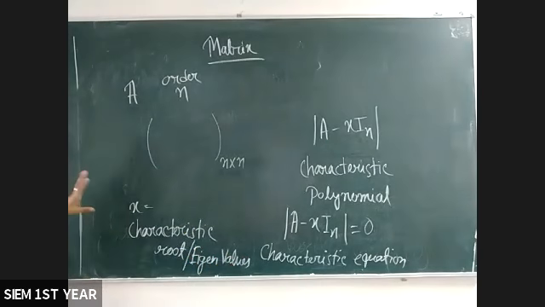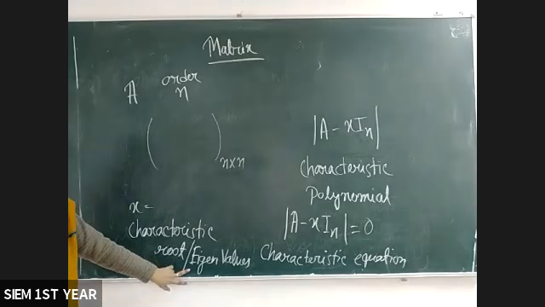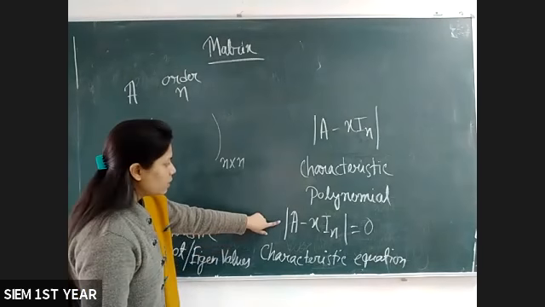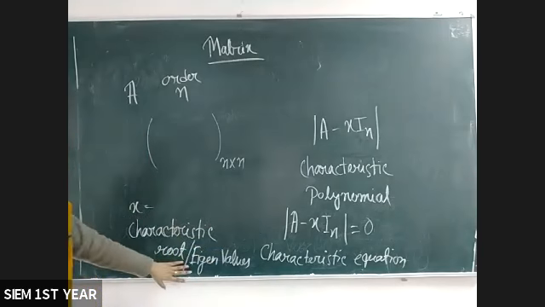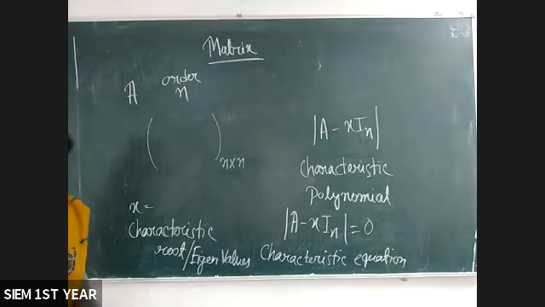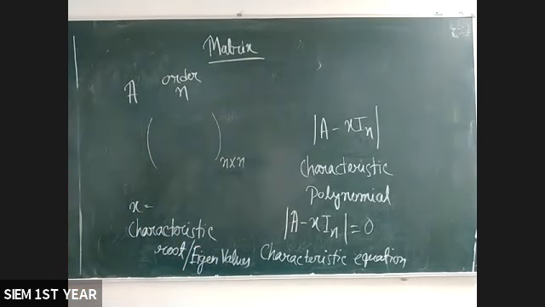I just told you the chapter name is eigenvalues and eigenvectors. So this will be the eigenvalue. If you solve this equation, you will get some roots, and these roots are called characteristic roots or eigenvalues. In a question, they will ask you to find the eigenvalues of some matrix.